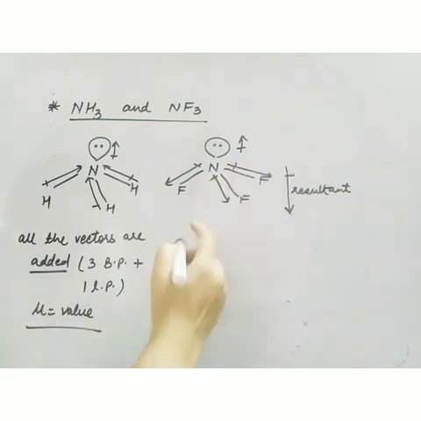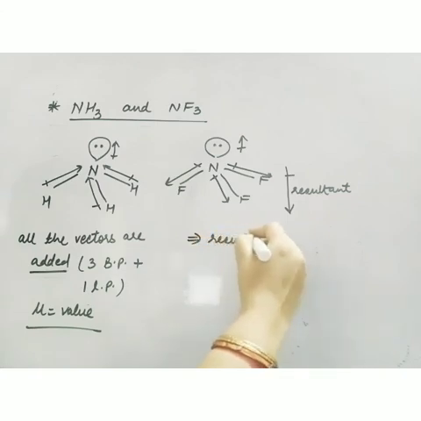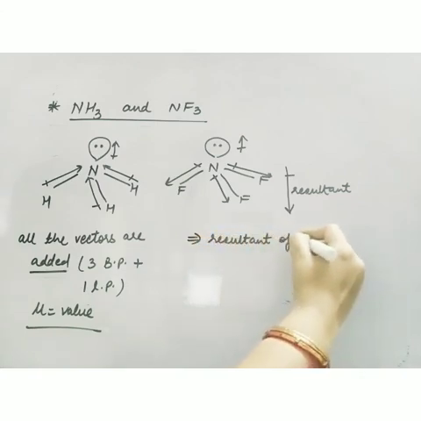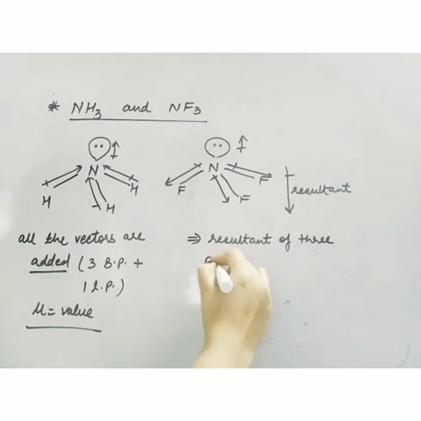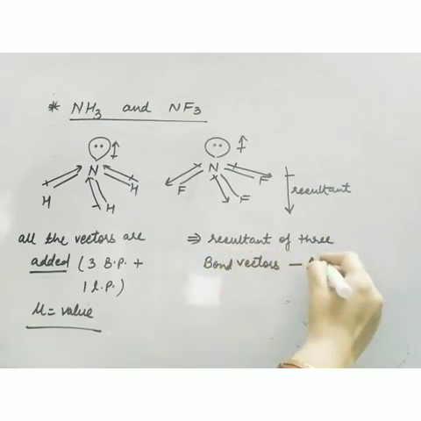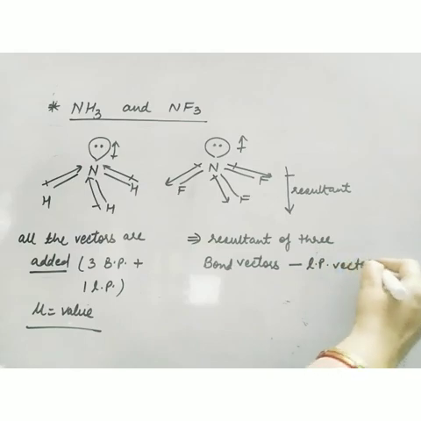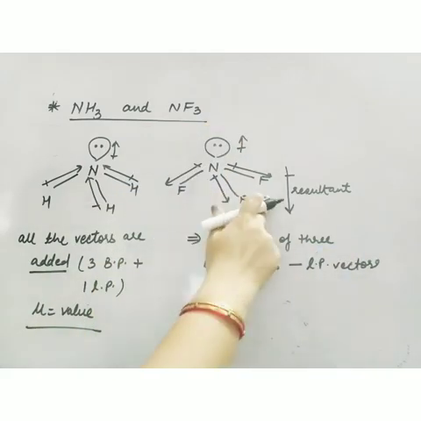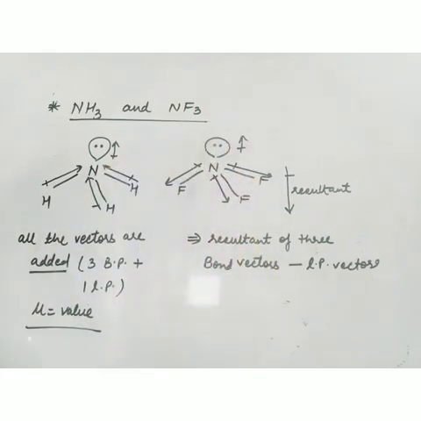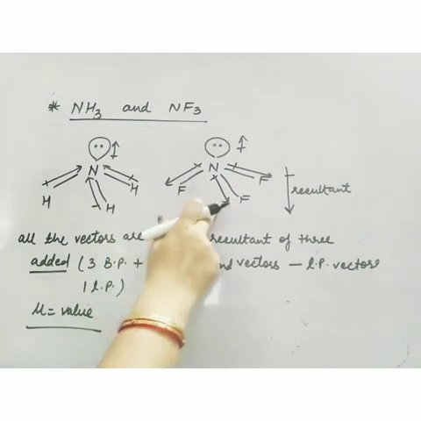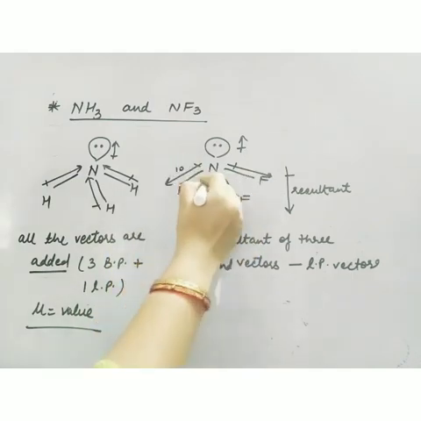Okay, now here dipole moment is due to the resultant of 3 bond vectors minus lone pair vector. Okay, they will not be cancelled. The reason being, these 3 are bond vectors and this is lone pair vector. Lone pair vector is smaller in magnitude. Suppose this is 10, 10 and 10. This is 10, this is 10, this is 10.